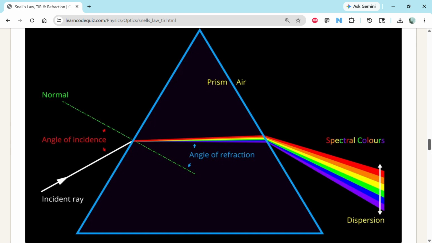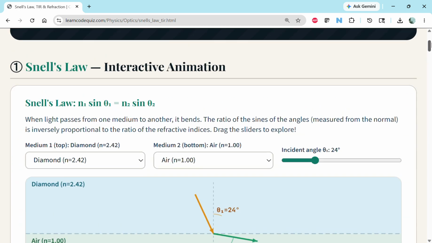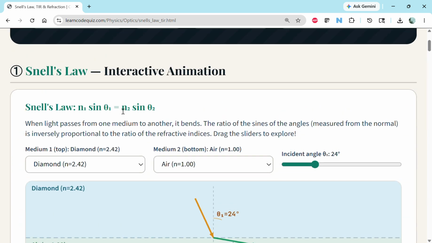And from Snell's law, we know that if the refractive index is lower, the angle of refraction is going to be higher.